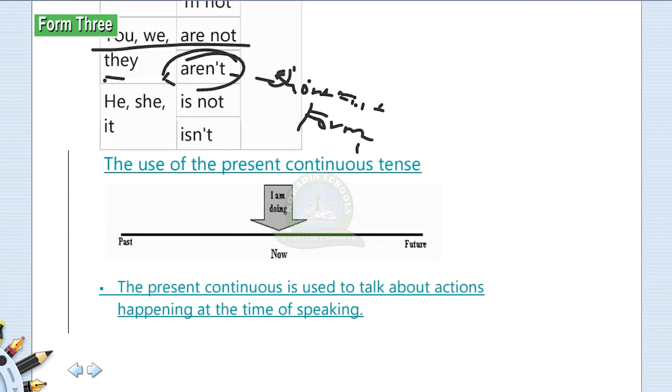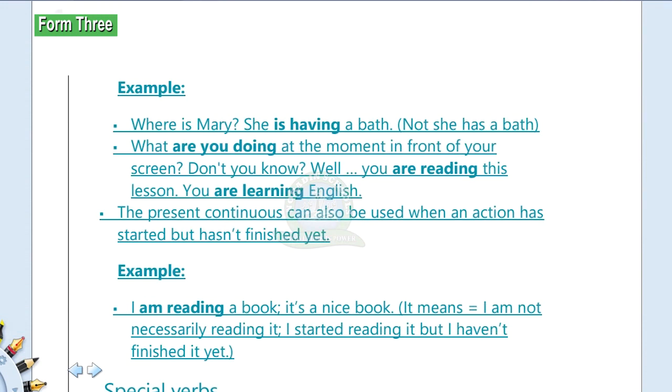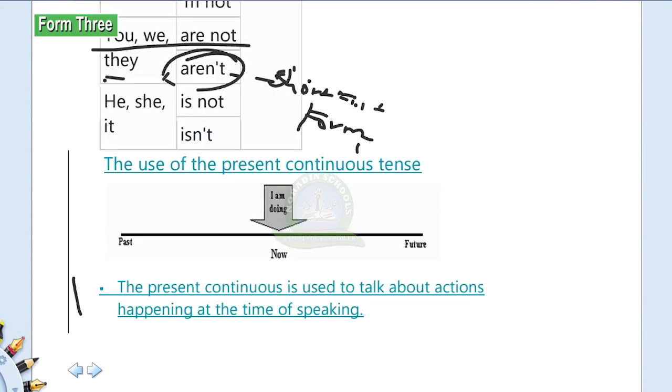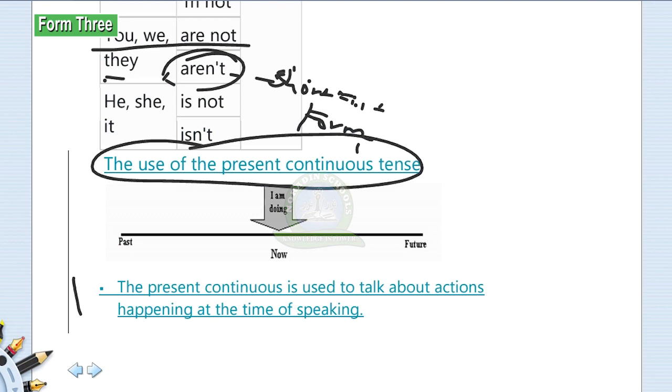Let's go back here. So look, the use of present continuous tense. Let's take a look at another use here. The present continuous tense is used to talk about what?